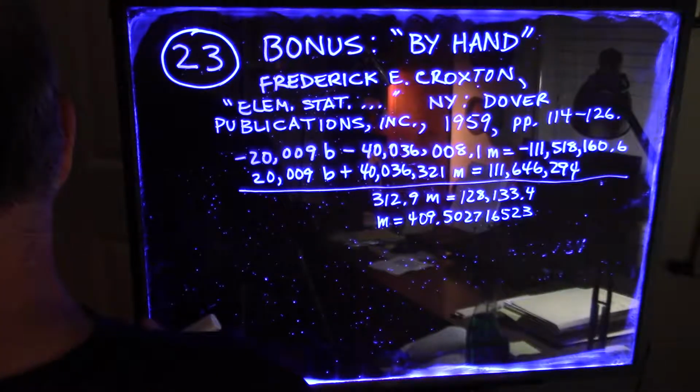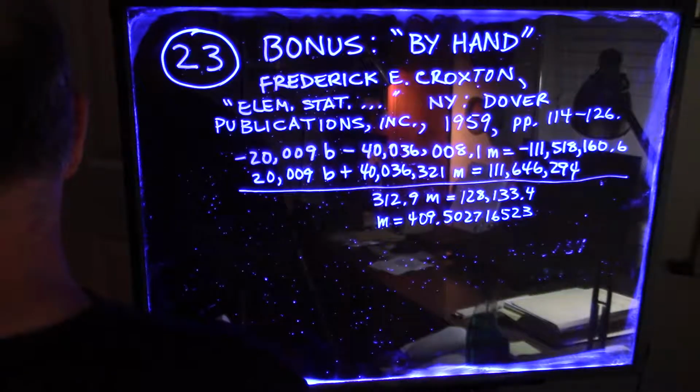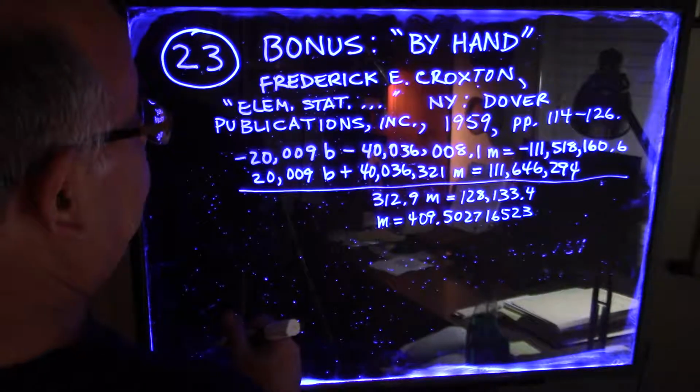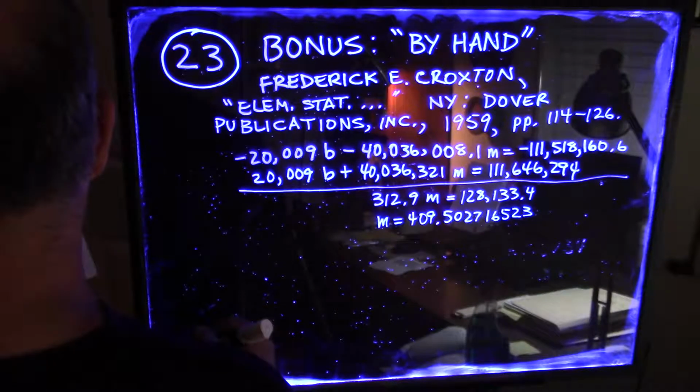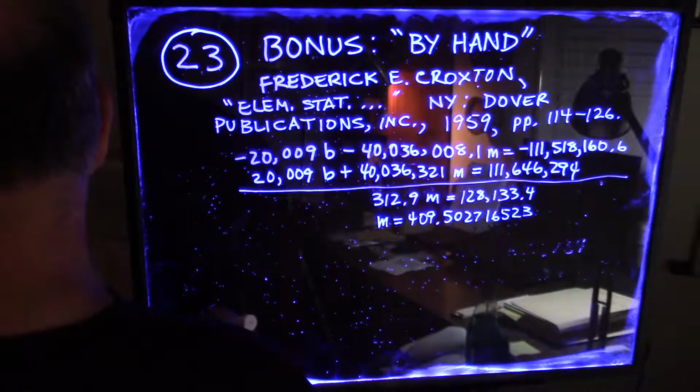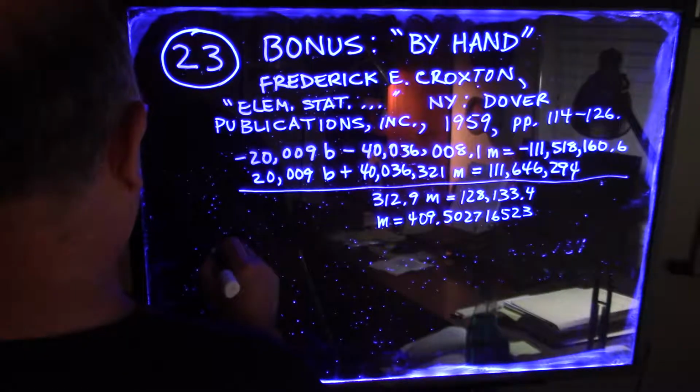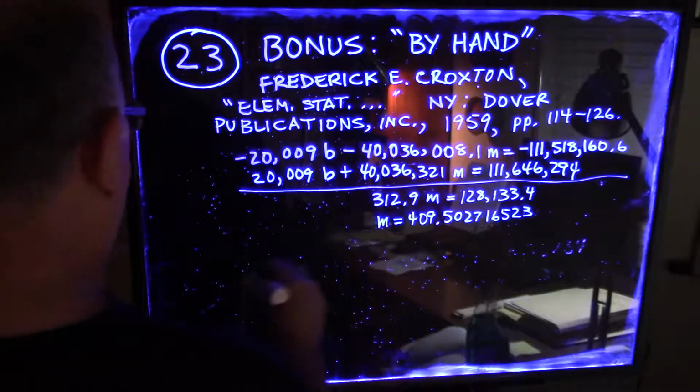We can use the first equation, that was 10b plus 20,009m equals 55,734. That first original equation. So plug in what we have for m here.